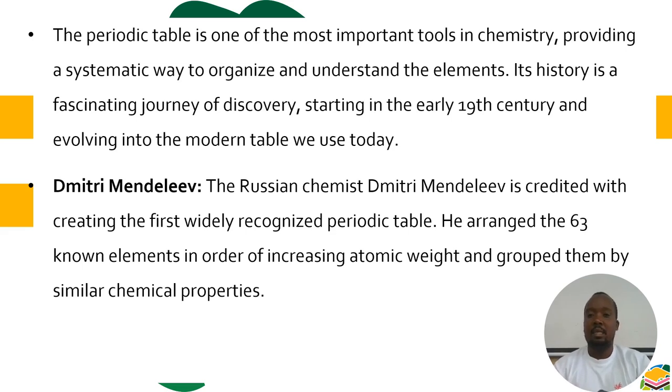So other scientists only discovered similar properties amongst the elements. But on top of that, Mendeleev managed to discover that the elements were showing an increase in atomic weight. So because of that, he had to group them in order of increasing atomic weight.